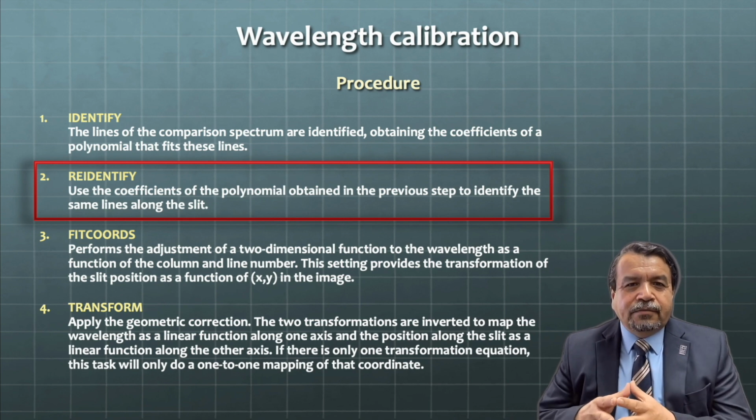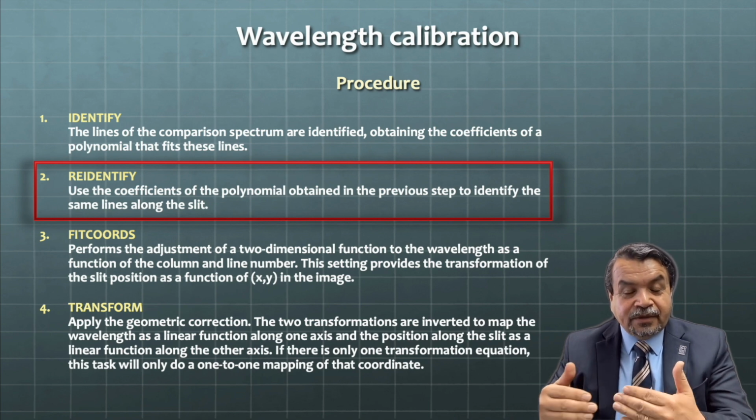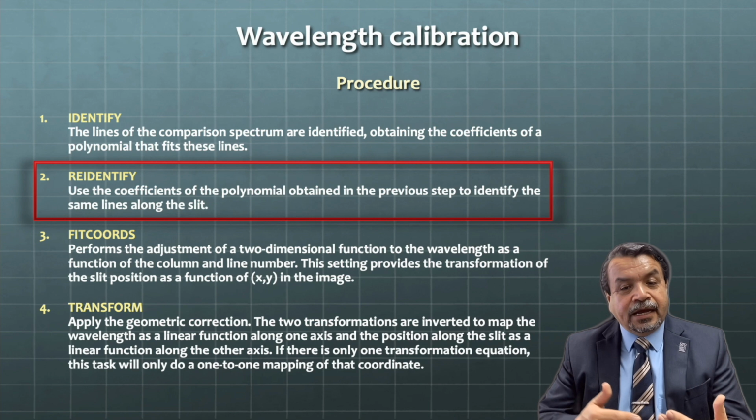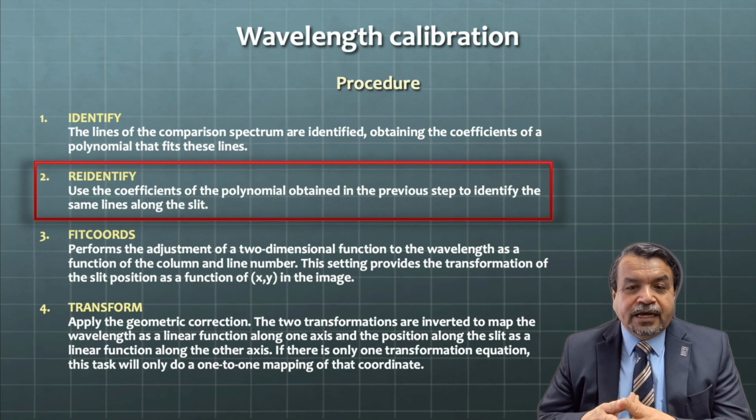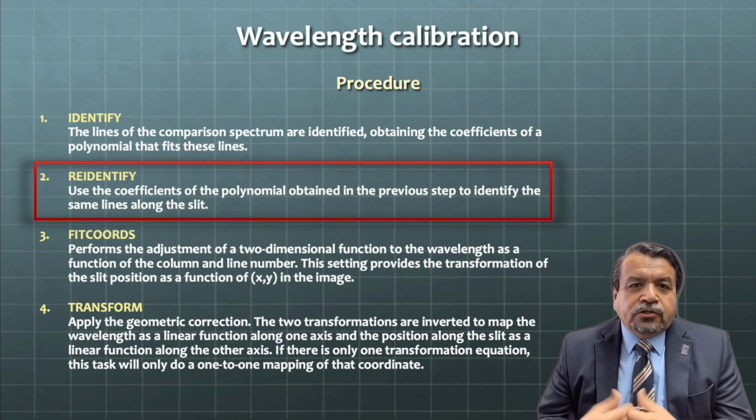So the rayidentify command is a tool that will assist us in re-identifying the spectrum despite any distortion, and this is something that will be corrected at a later time, once we have the required information and resources to do so.